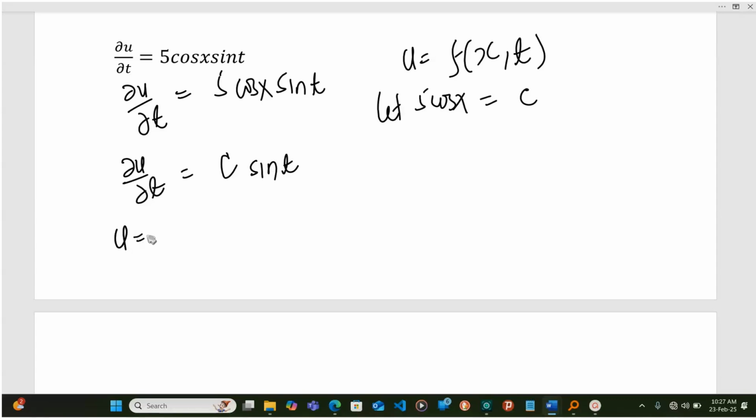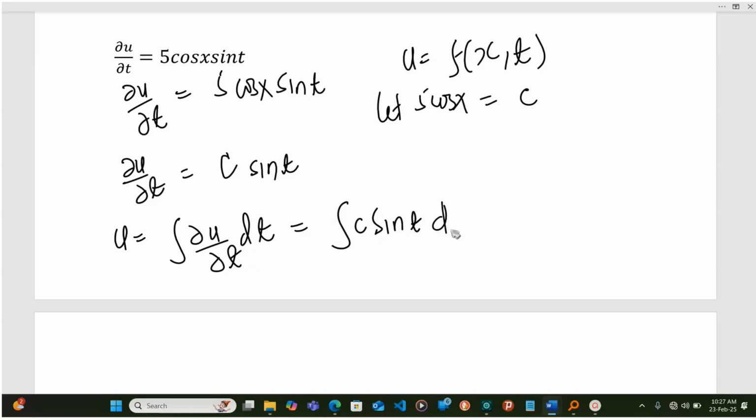So u will equal the integral of ∂u/∂t with respect to t, giving us the integral of c sin t with respect to t. And what does this give us? If we integrate a sine, we get a negative cos of t, plus a constant of integration. Let us assume that it is k.